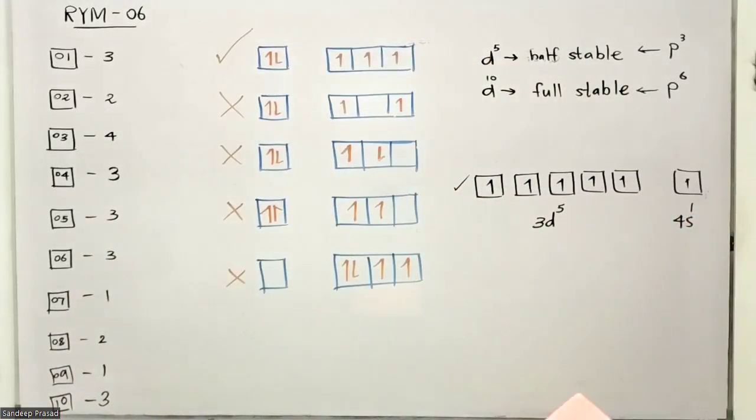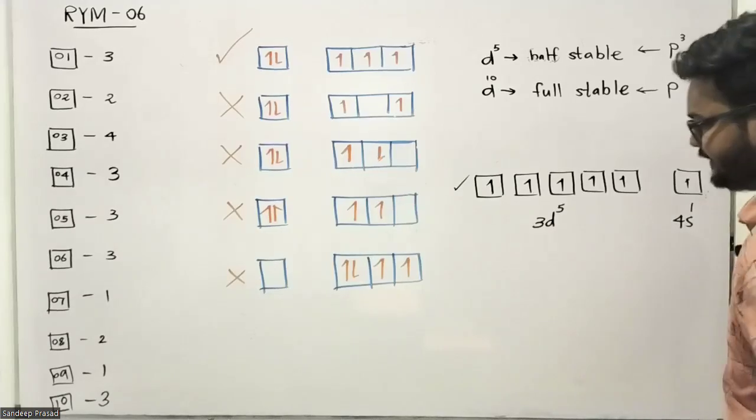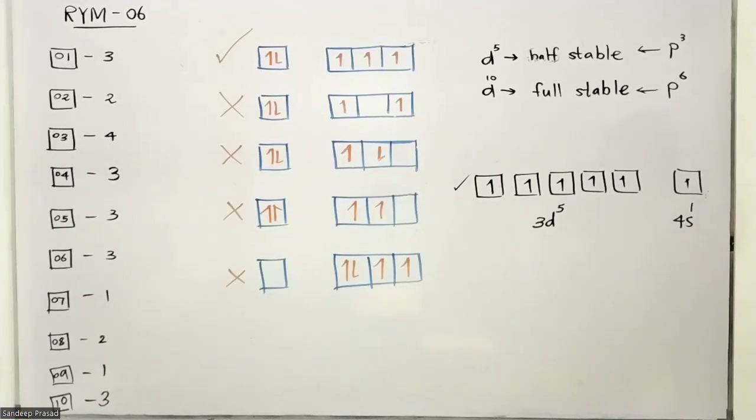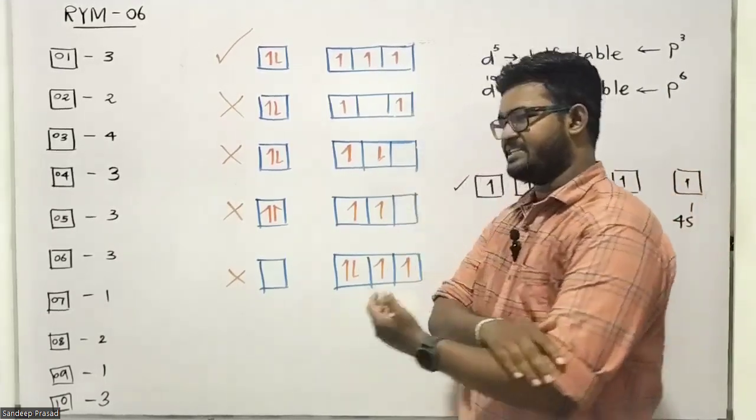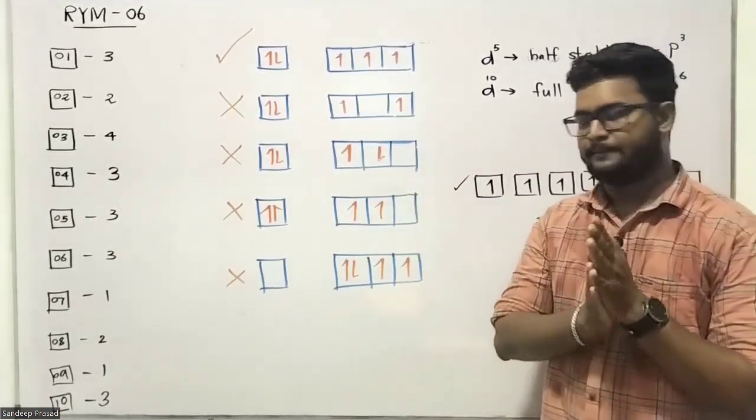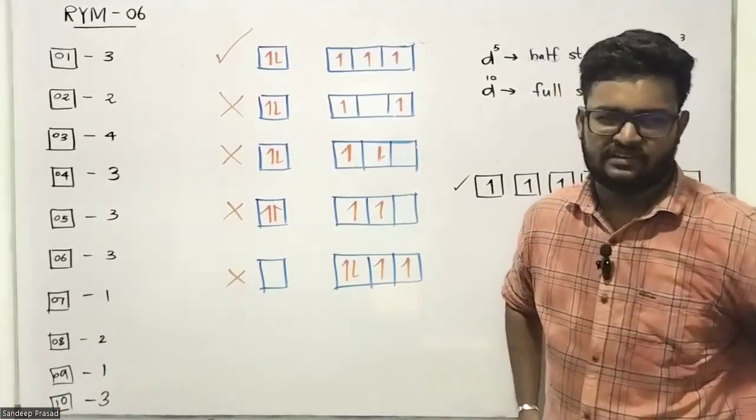Okay. So this is the 6th RYM paper that we have to discuss. Okay. So students, you can see that in this paper, I have mostly considered electron configuration.